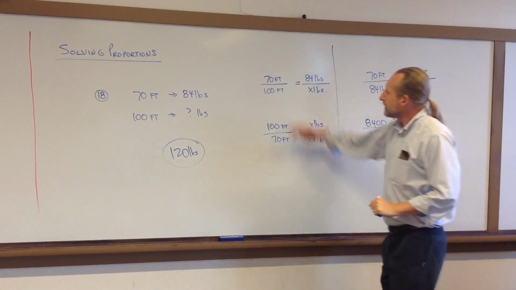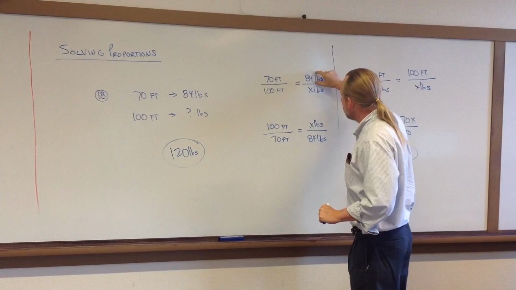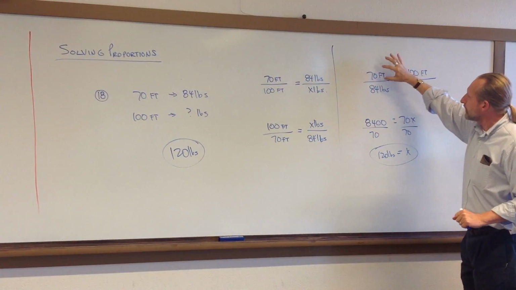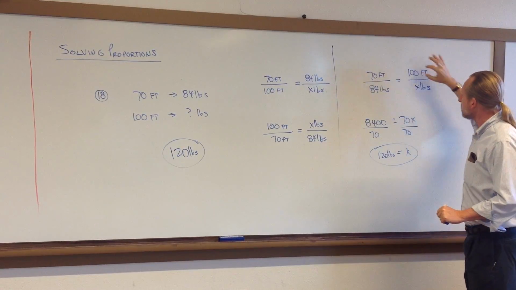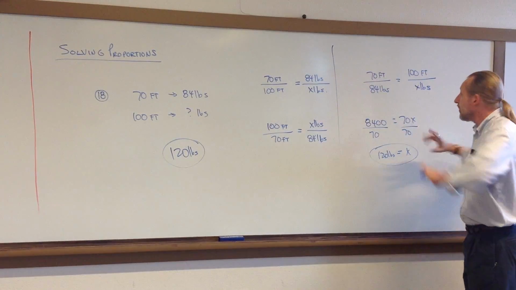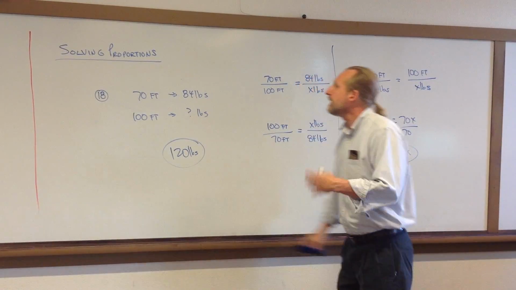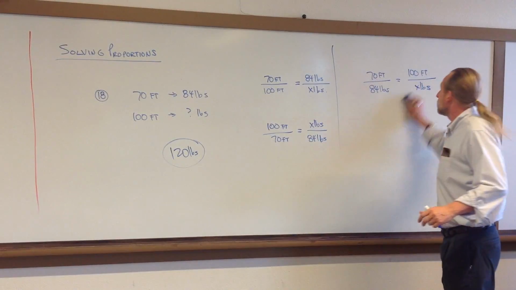So if you choose to do it this way, you've got both feet in the same proportion, but you've got to match the weight with the correct length. And then over here, you've got the length matched up with the weight, and you just want to make sure that you keep your lengths on the top and your weights on the bottom, or vice versa. Okay? So you've got some choices to make, and again, the key is what is comfortable for you and allows you to get the correct answer.